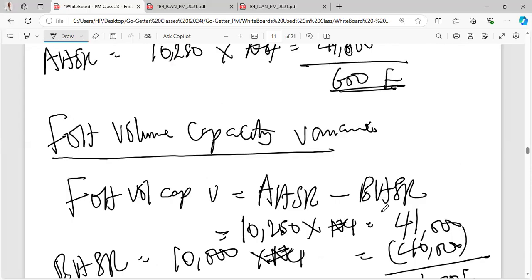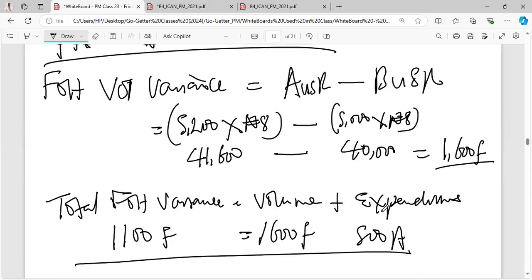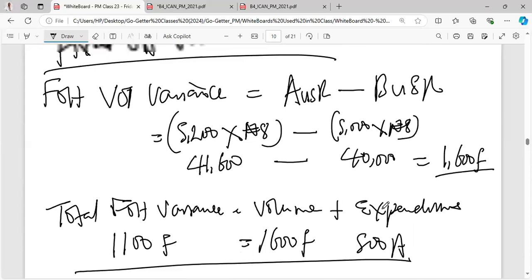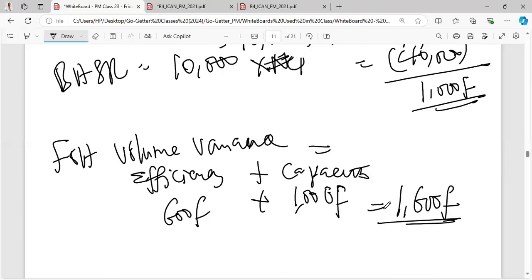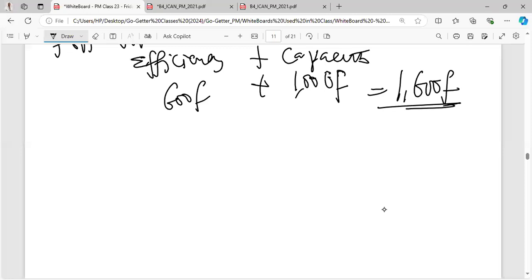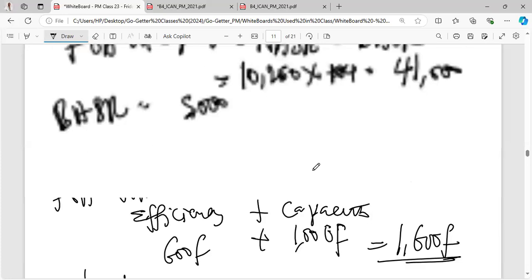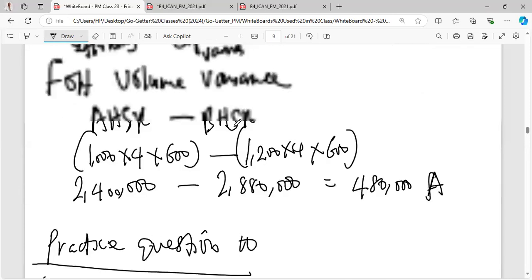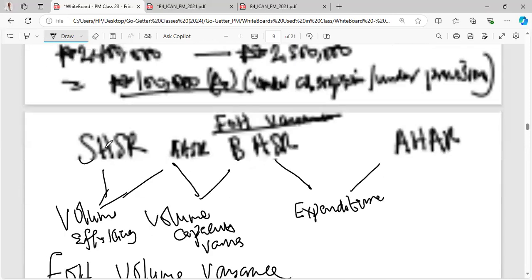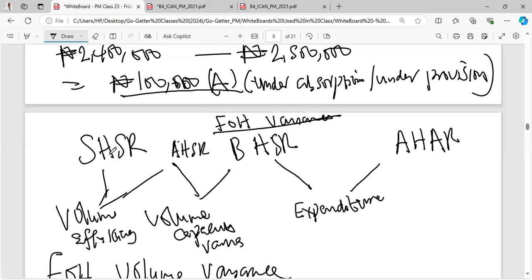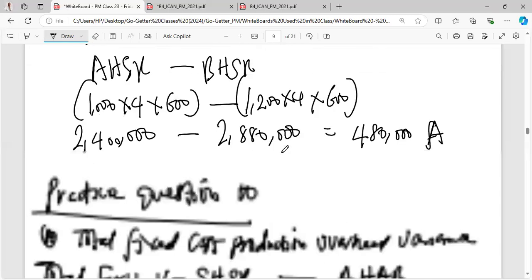All right. If we were to do it to check, so let's check fixed overhead volume variance. And we said the other time, volume variance is simply standard and budgeted.